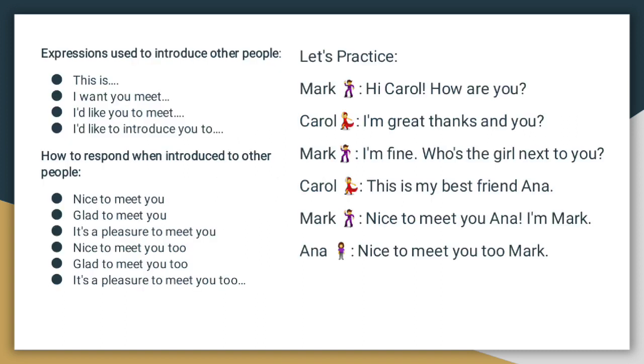We may use any one of the expressions: this is, I want you to meet, I'd like you to meet, and I'd like to introduce you to. And we respond using the expressions below: nice to meet you, glad to meet you, it's a pleasure to meet you, nice to meet you too, glad to meet you too, and it's a pleasure to meet you too.